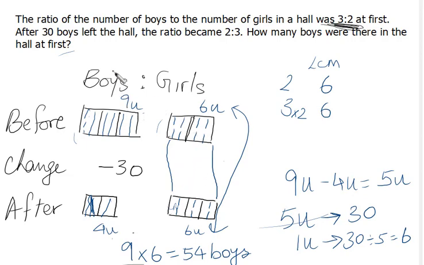So one quantity remains the same. The girls remain the same, right? So that is how we are able to establish this reference and then convert them into equal sized units and propagate that to the other side.